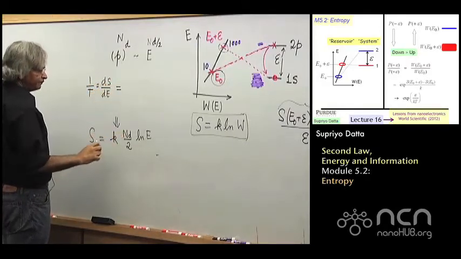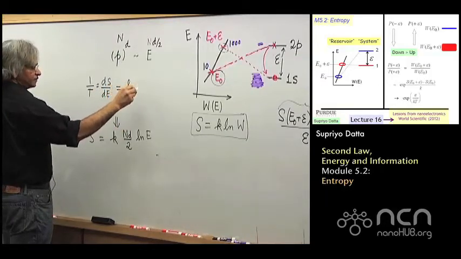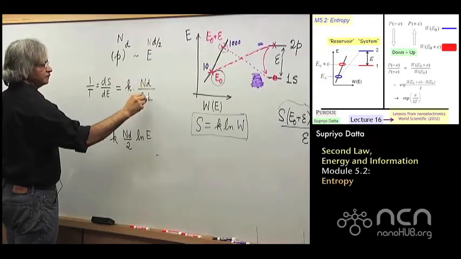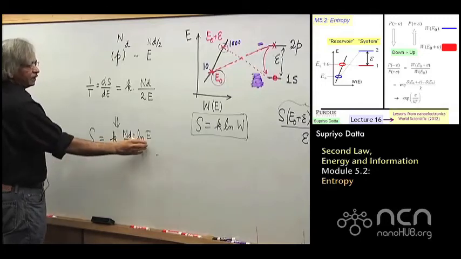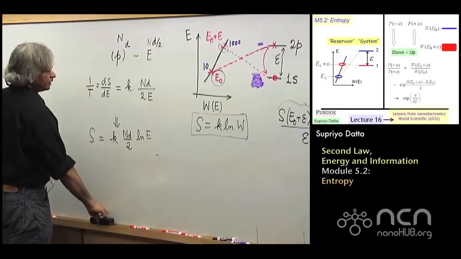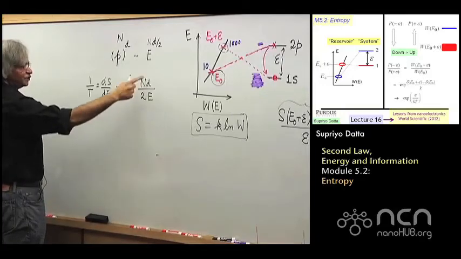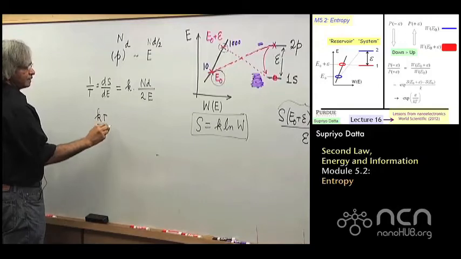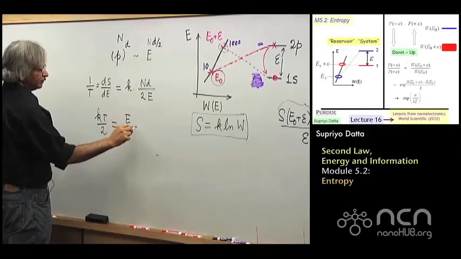What you get is K times nd over 2E, because the derivative of log E is 1 over E. So if you just rearrange this a little bit, you'll get kT over 2 is equal to E over nd.